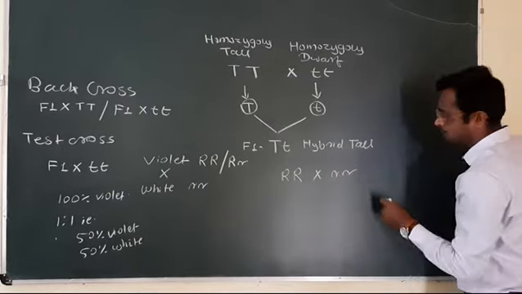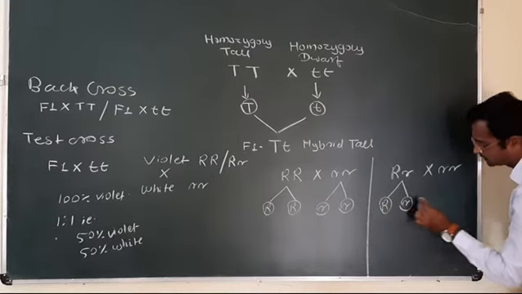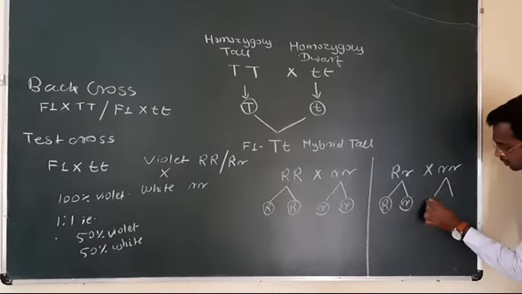This violet colored flower, capital R capital R, the homozygous condition, is crossed with the recessive parent, and this is also violet but heterozygous violet, capital R small r, crossed with small r. The gametes formed are capital R and small r.